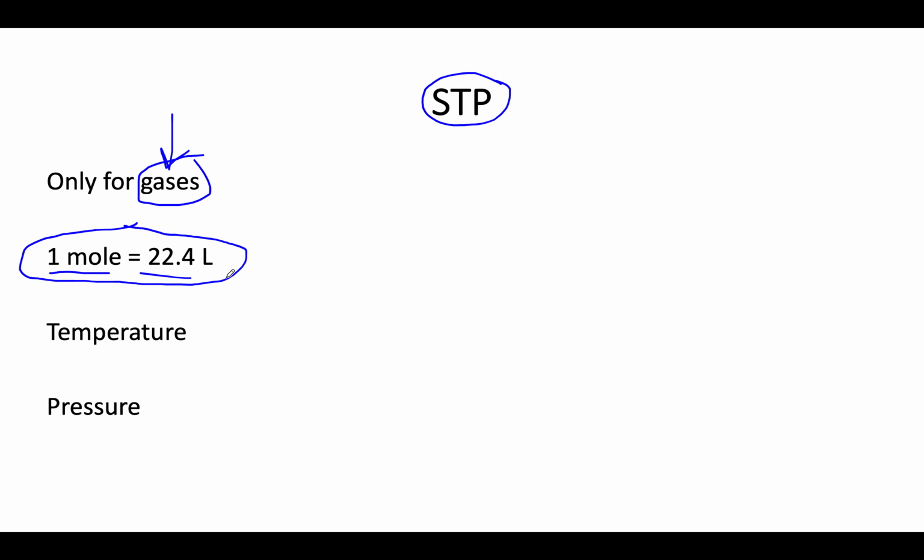Okay, that's what the molar volume, 22.4 liters, is at STP. So standard temperature, that's 0 degrees Celsius, or 273 K. And standard pressure, you did this in the gas laws, probably in Chem 152, is 1 atmosphere, or that's 760 millimeters of mercury.